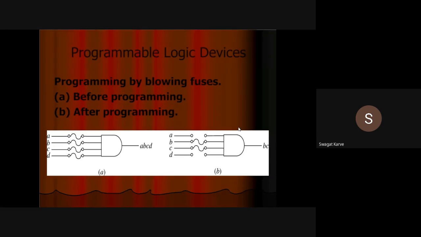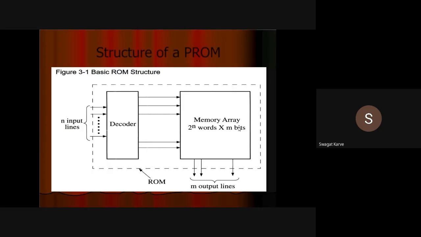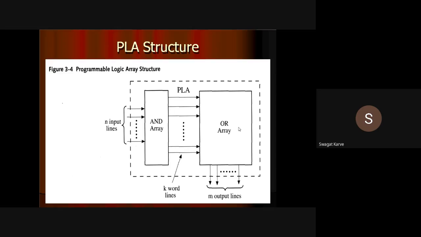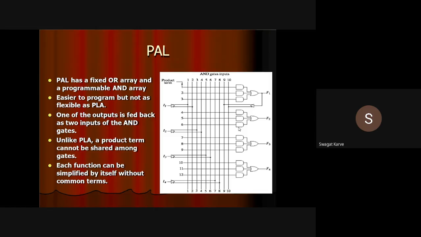This is the basic structure of PROM: the AND array is fixed and the OR array is programmable. This is the programmable logic array structure, PLA: both the AND array and OR array are programmable. This is PAL: the AND array is programmable and the OR array is fixed. So you can see the structure.